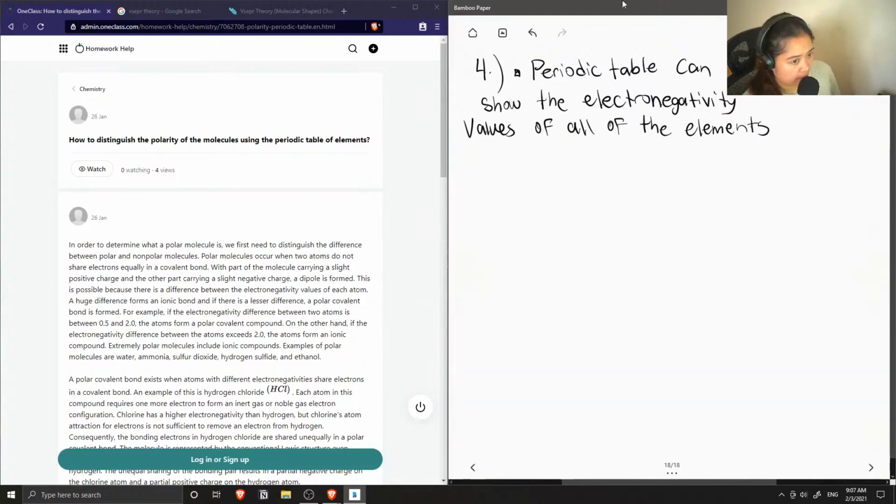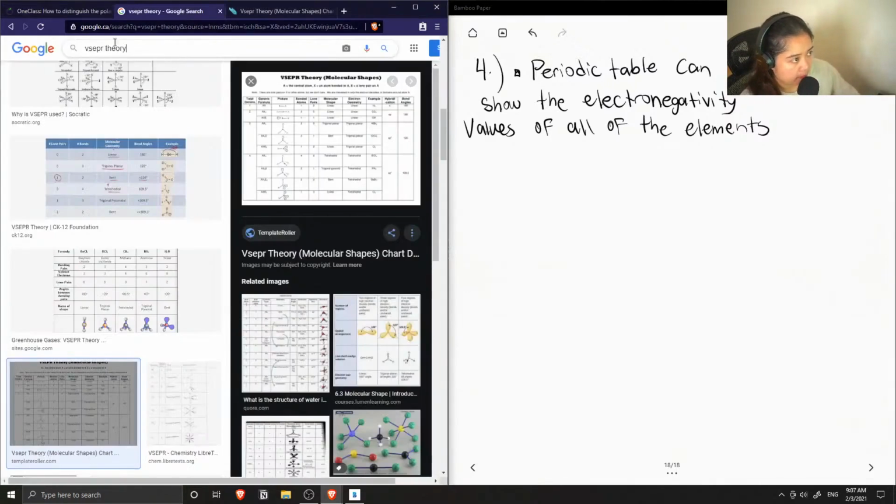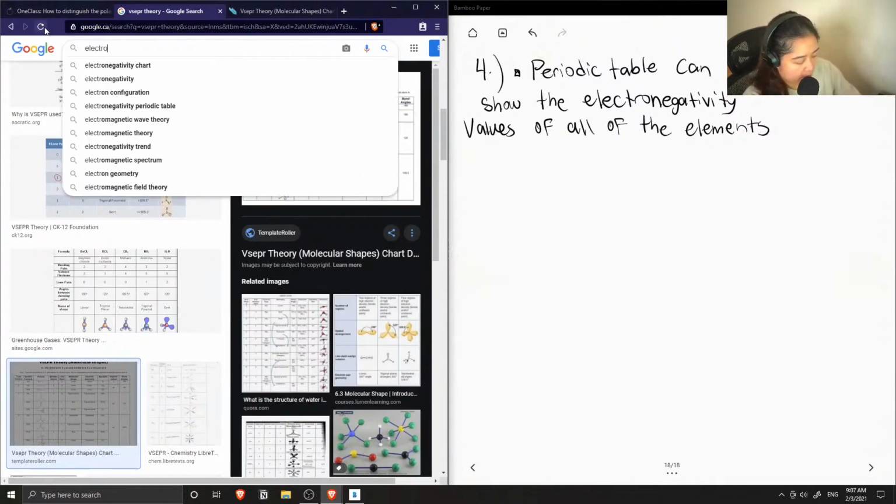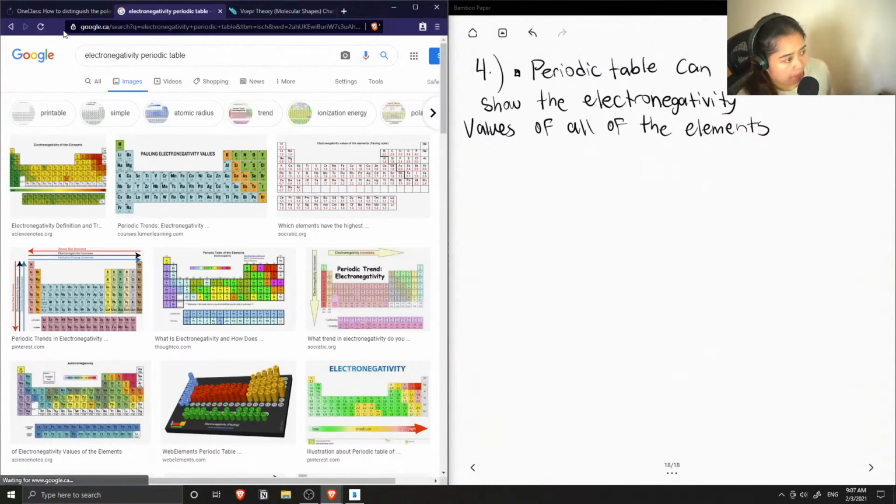So let me look up what this will look like. Some periodic tables will contain a lot of information.